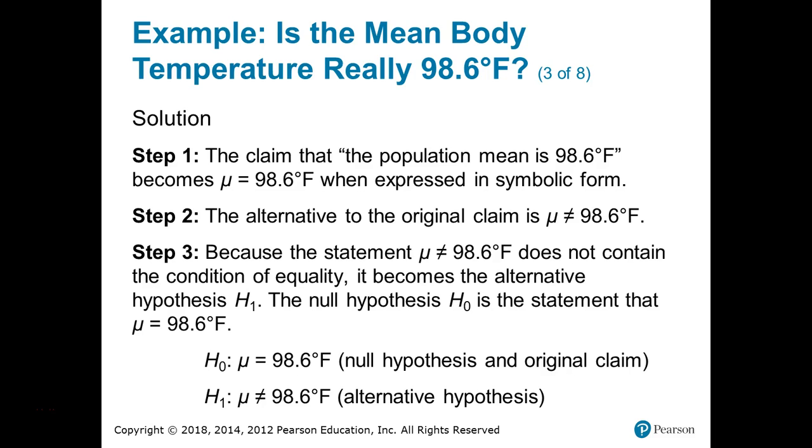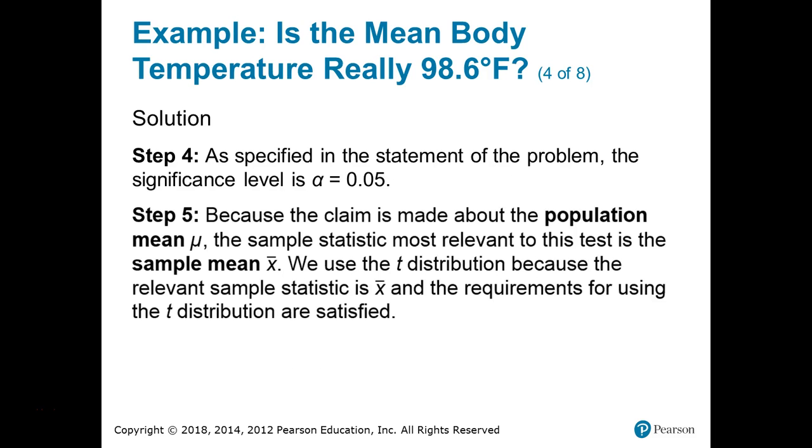So the null hypothesis would be mu equals 98.6, and the alternative hypothesis is that the mean is not 98.6. It is either 98.6 or it's not 98.6. It has to be one of those two things. As specified in the statement of the problem, the significance level is 0.05, so we will be using a t-distribution since we are dealing with population means and sample means.